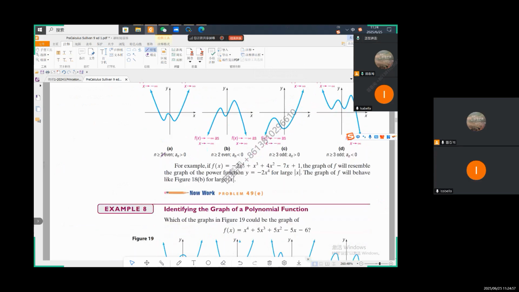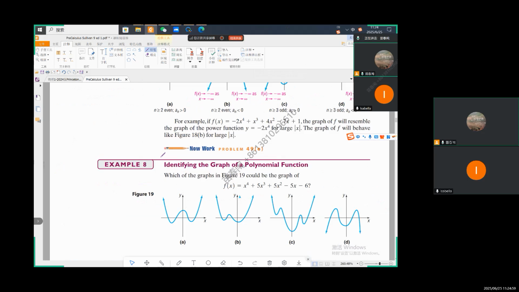So how about this? Example 8. Which one could be the graph? Oh, okay. Give me a second. Part 4, those 3 turning points or less. Okay, let me draw the turning points.